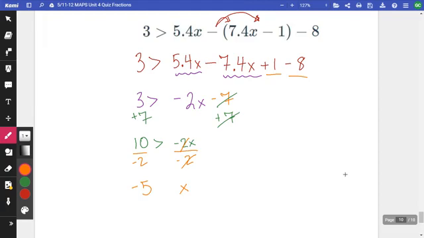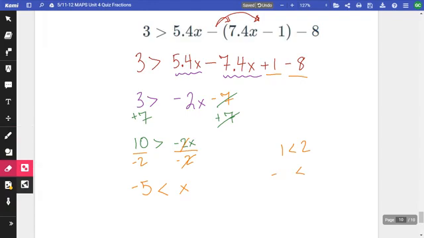But our inequality symbol needs to change directions, because whenever we change the sign of our positive versus negative, we need to change our inequality sign as well, because remember, 1 is less than 2, but negative 1 is greater than negative 2.